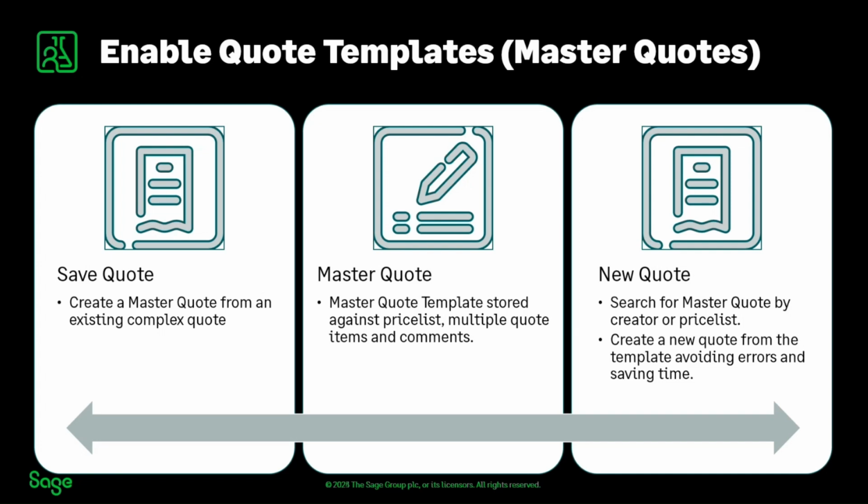And this is something that can be done inside Sage CRM through the quotation engine integrating with the products, but you want to be able to then save that to reuse with an alternative customer, or in fact, again, to present to the same customer, but to tweak it slightly.